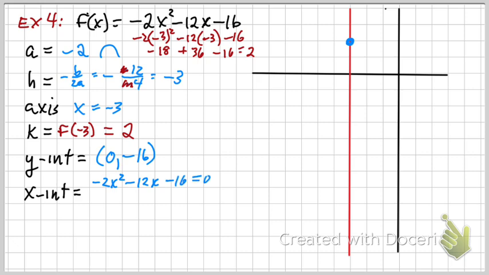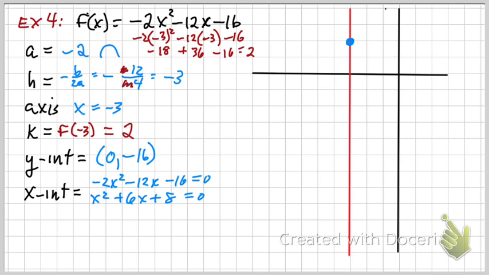If I divided all 4 of those terms by negative 2, I would have x squared plus 6x plus 8.